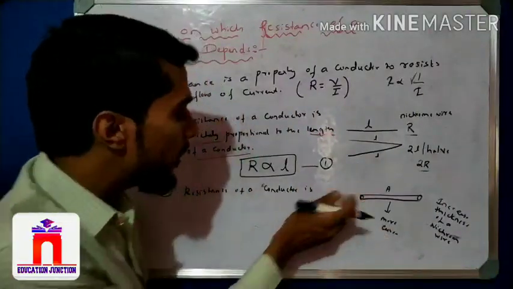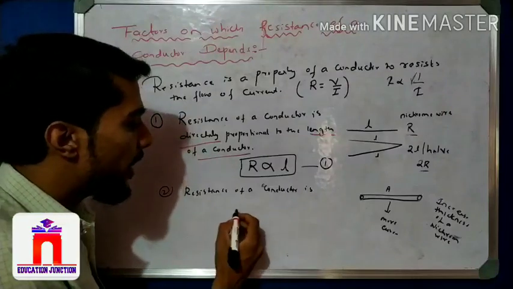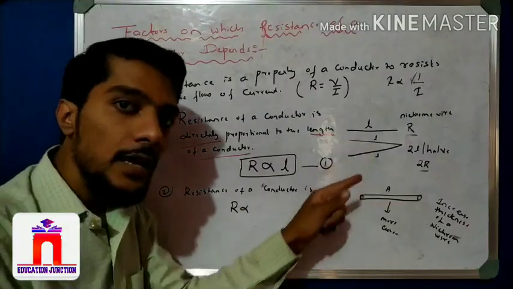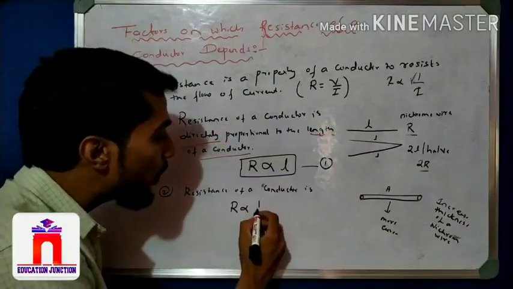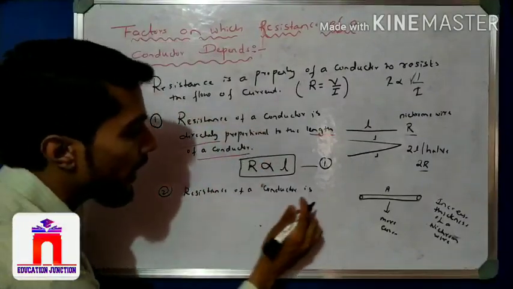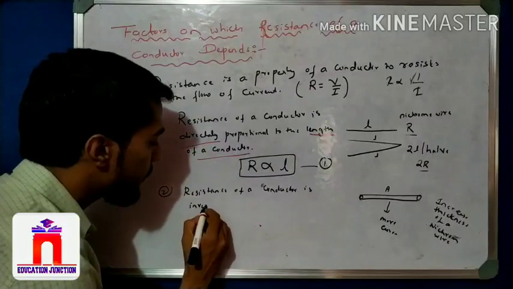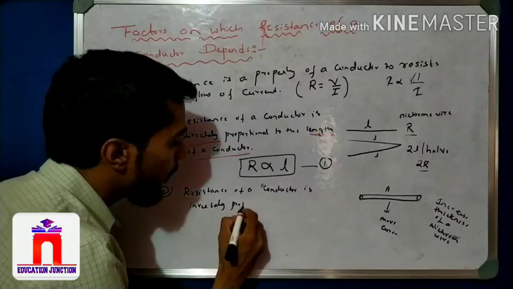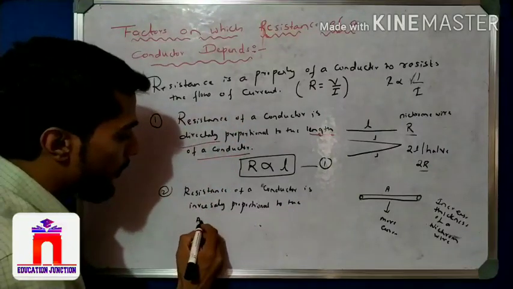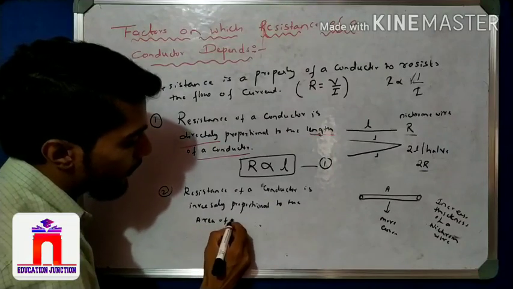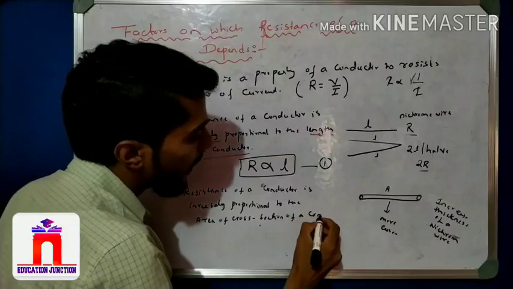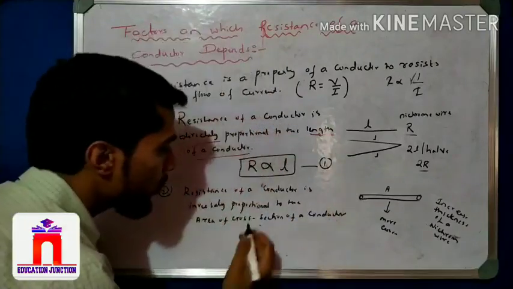Therefore, whenever the area of cross section increases, the resistance decreases. Area increases, resistance decreases. Opposite means we take inversely proportional. So write that sentence: resistance of a conductor is inversely proportional to the area of cross section of the conductor.